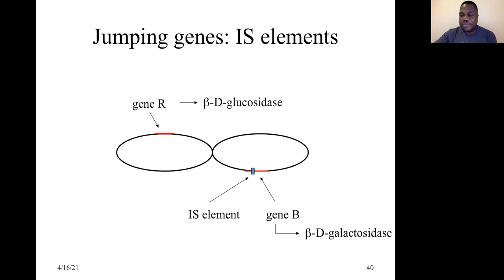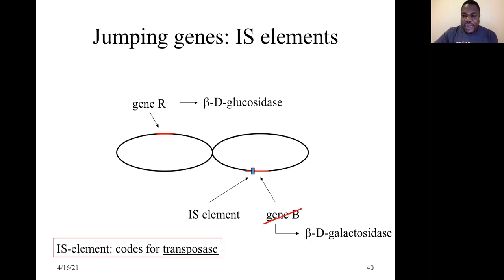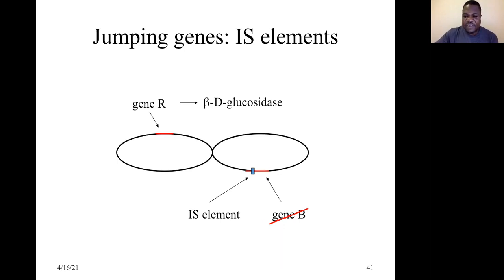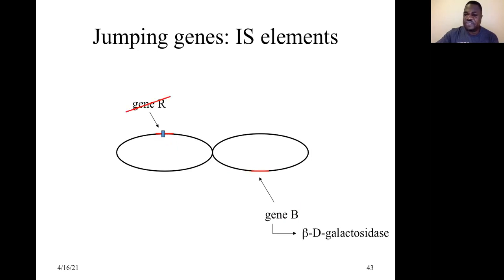The insertion element, that is the IS element, because of the effect of the transposase, can jump from gene B to gene R. Now it is integrated, so it moves here to gene R. Then it directly changes the original gene B and the original gene R. So the activity of this bacteria becomes very different.